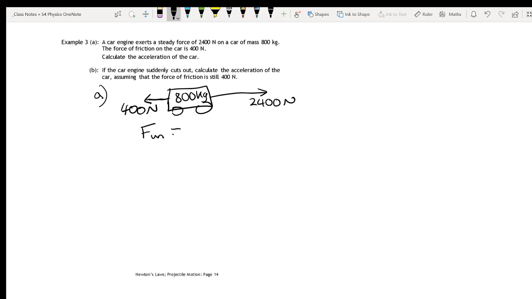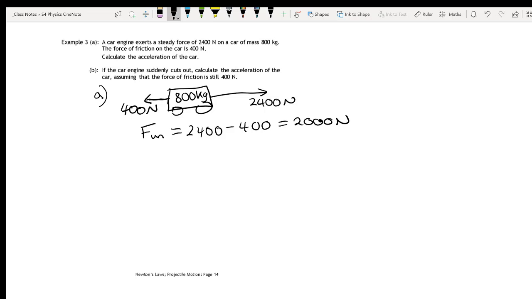And you could put it straight into the equation, but I'm going to do it step by step so you can see when you come to revise where it's come from. Unbalanced force, so force with a little un next to it. Okay? So the unbalanced force here, remember it's got 2,400 that way, 400 that way, so the overall force is going to be 2,400 take away 400, so 2,000 newtons.